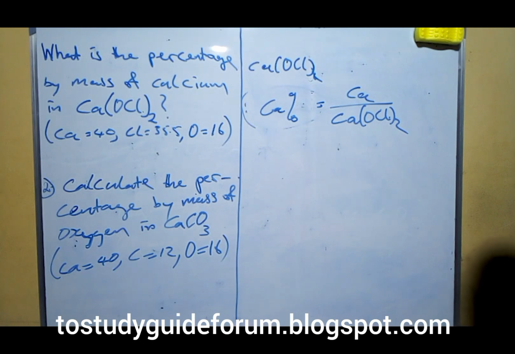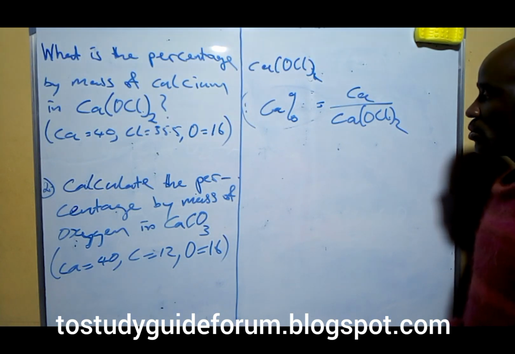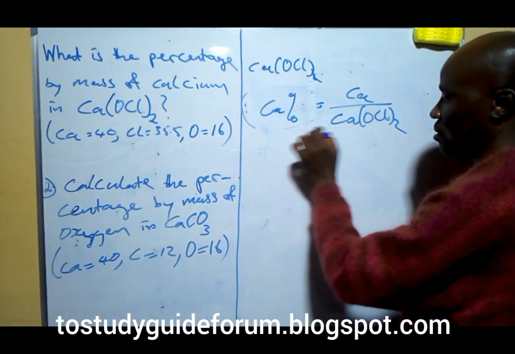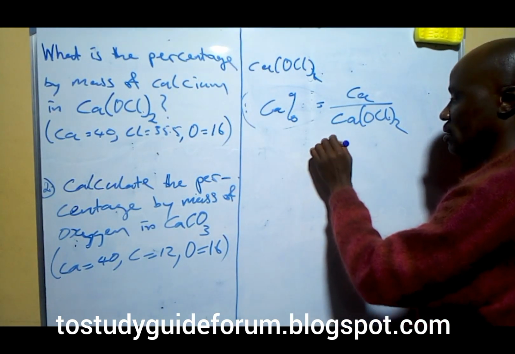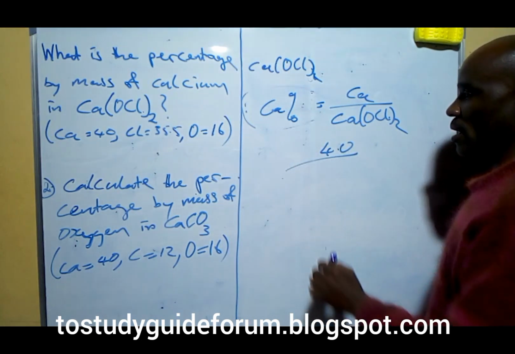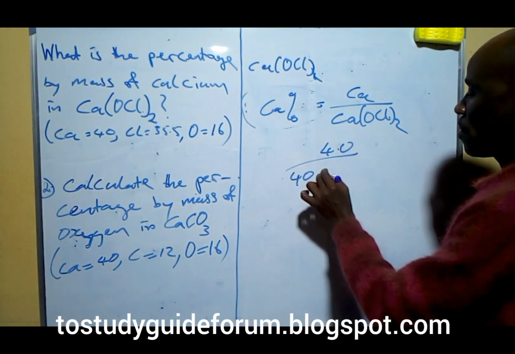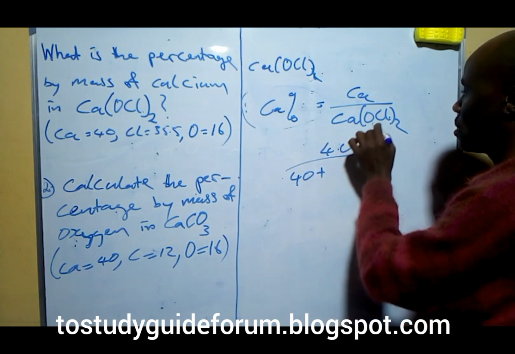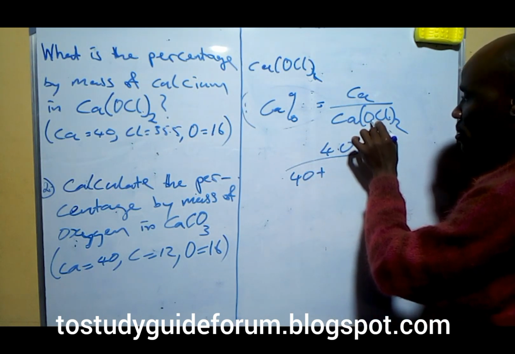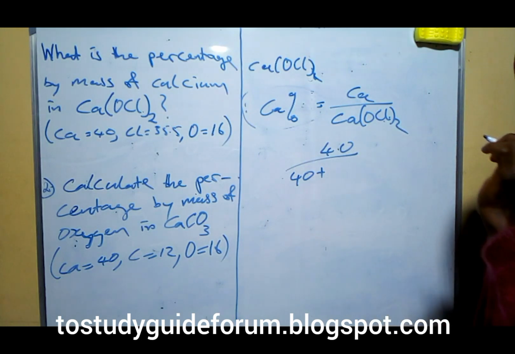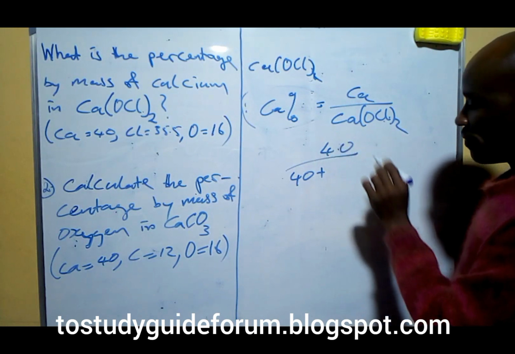That is what we're going to look into. We know that the mass of calcium is 40. So we say 40 all over 40 plus oxygen, which is 16, and chlorine, which is 35.